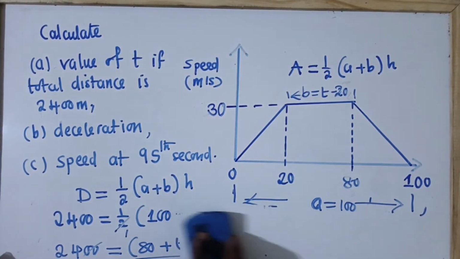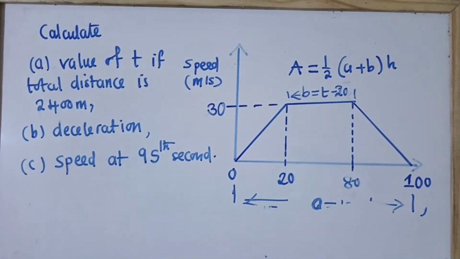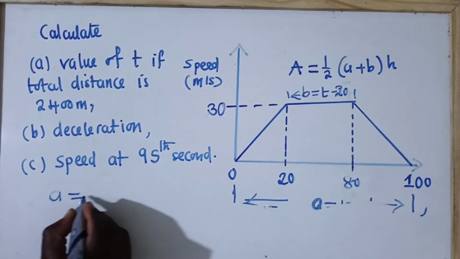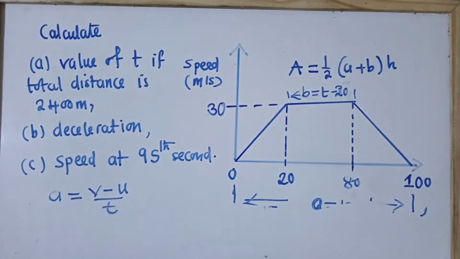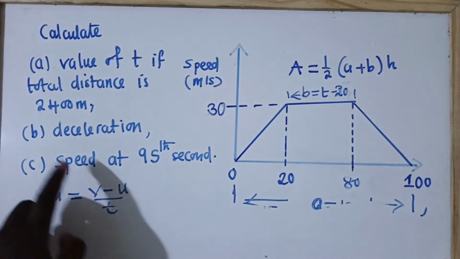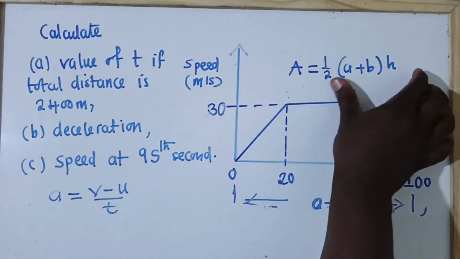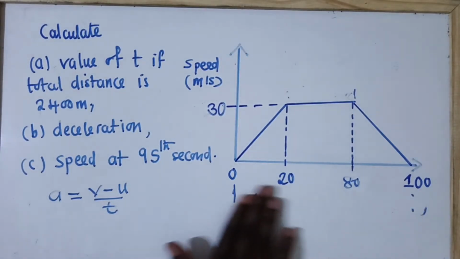Okay, so that's it. So now for deceleration here, we just use the same formula for acceleration. This is how it will work. So deceleration and acceleration, they are opposite of each other. So we just use this formula for deceleration. And when identifying what to put on our formula, this is what you need to know.